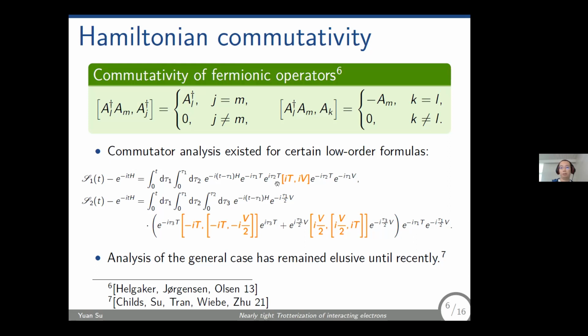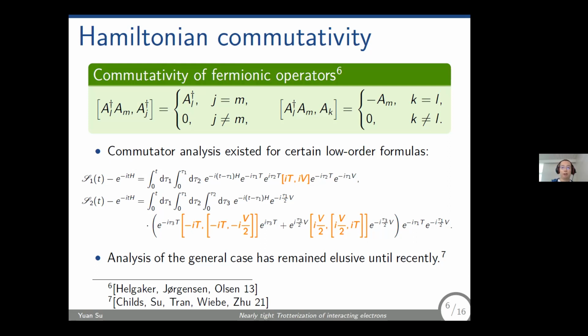This equation tells us that we can represent this error in terms of something like this. It looks a little bit complicated, but what is really important is the thing in the middle. This is a commutator. If the Hamiltonian has some nice commutativity property, then this commutator will be much smaller than in the worst case, the general case. Then you would expect a more efficient quantum simulation.